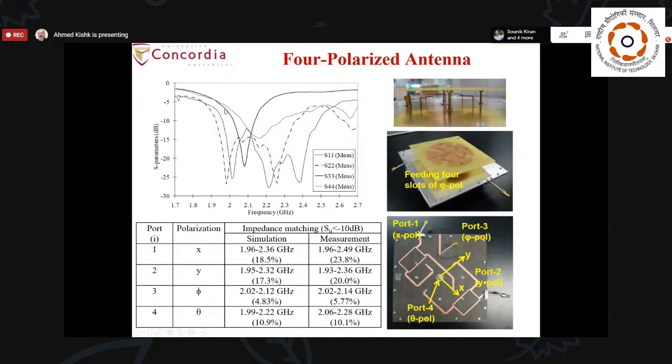And this is the reflection coefficient for all of them. And we found that the phi polarization, the one that is related to these 4 slots, has the narrowest bandwidth. And here, the bandwidth for all of these, simulated versus measured: the X polarization gives us about 18%, the Y polarization too, while the phi polarization is close to 5%, and the theta polarization is about 10%.